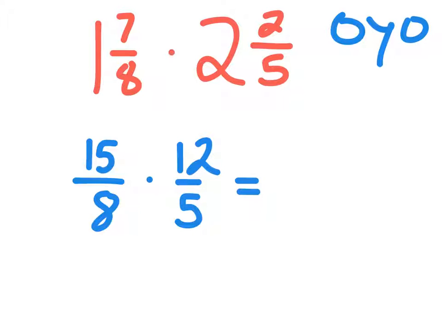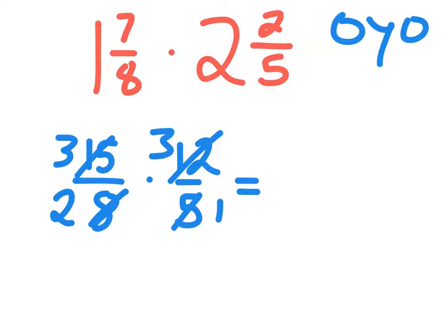At this point, let's see if we can cross cancel. I can do a lot. 5 goes into 5 one time. 5 goes into 15 3 times. Also, 8 and 12: 4 goes into 8 2 times, and 4 goes into 12 3 times. Now I need to multiply across the top and multiply across the bottom. 3 times 3 gives me 9.